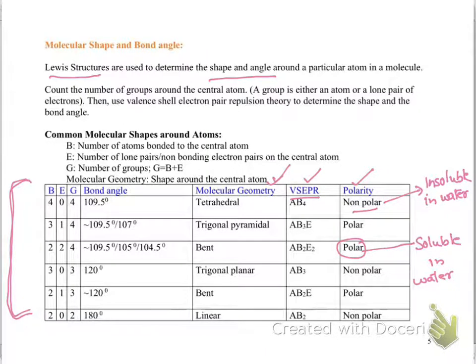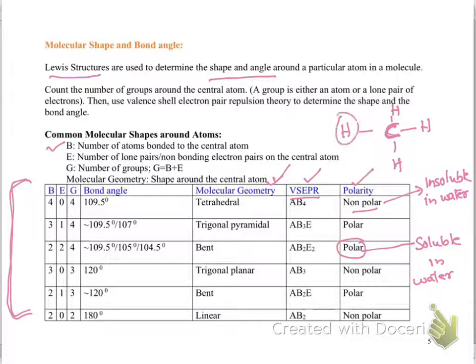Okay, so for example, we drew this structure for CH4, and carbon is the central atom. What is B? B is the number of atoms bonded to the central atom.